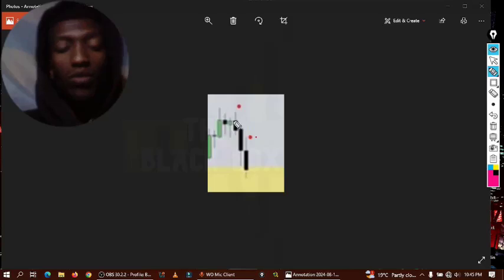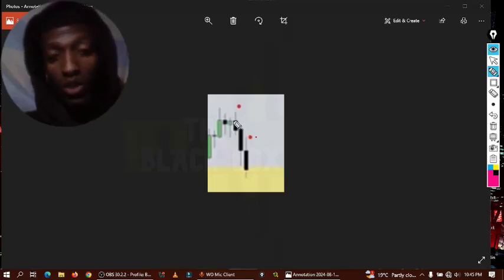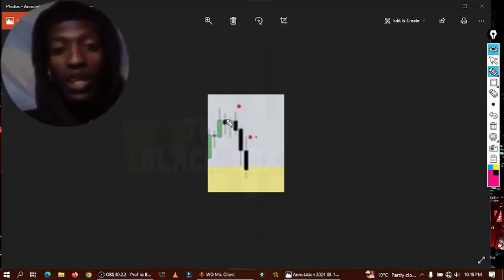That's why I put a dot right there. The dot that you are seeing right there is where you can sell using the second model. How do you project your TP? You measure from the body if you are trading the two candles black box, and I recommend you trade the two candles black box.